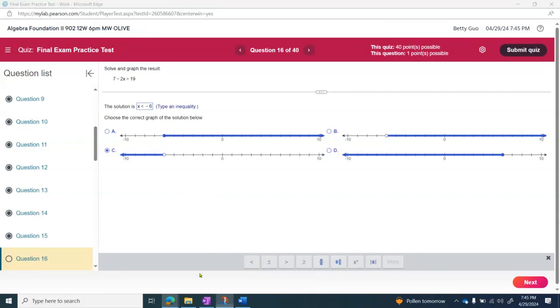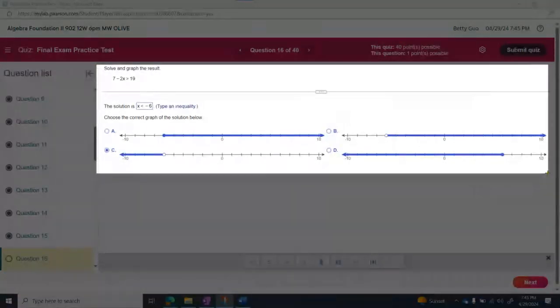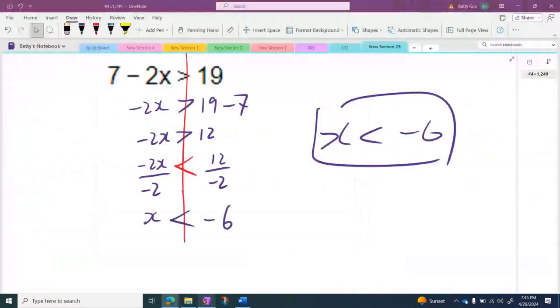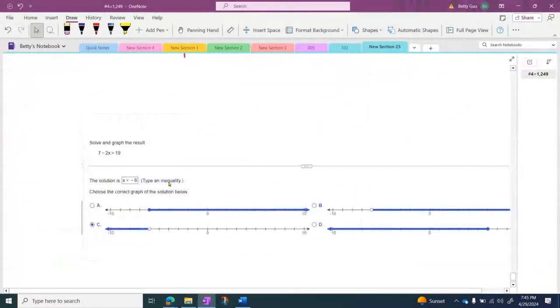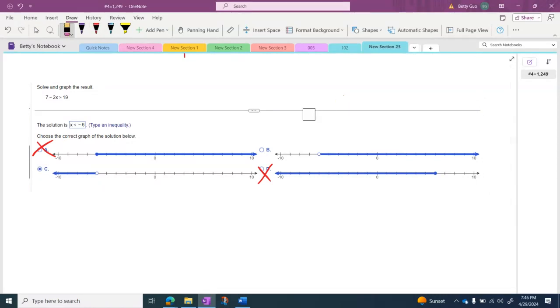You know, there's a trick for this question. If you want to know, I would elaborate a little bit more, since it's a multiple choice question. How do you know which graph to choose? Firstly, A is out and D is out, because it has to be an open circle at the number. And how do we know which side? We can try 0 as a testing point.